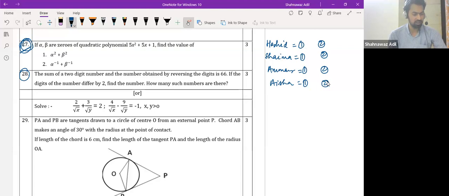And Aisha, in your exam, how many questions were there? So 20 MCQs and 18 the rest of the questions, so in total there were 38. The same as this sample paper, the standard sample paper. Yes, sir, this one also has 38 questions, 20 MCQs and 18 rest of the questions. Good, good.